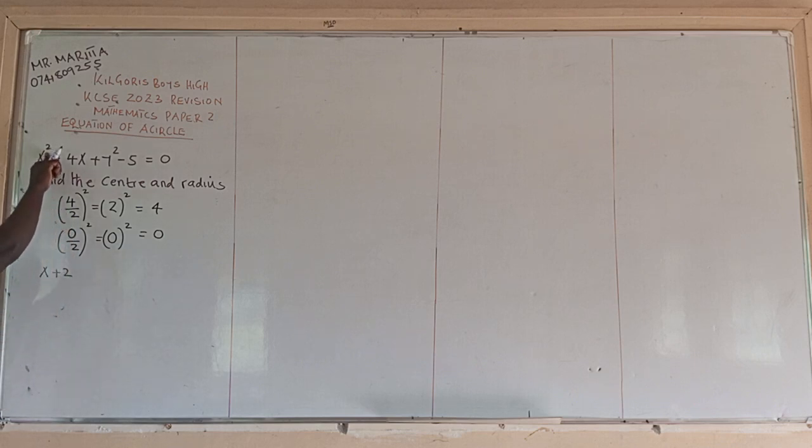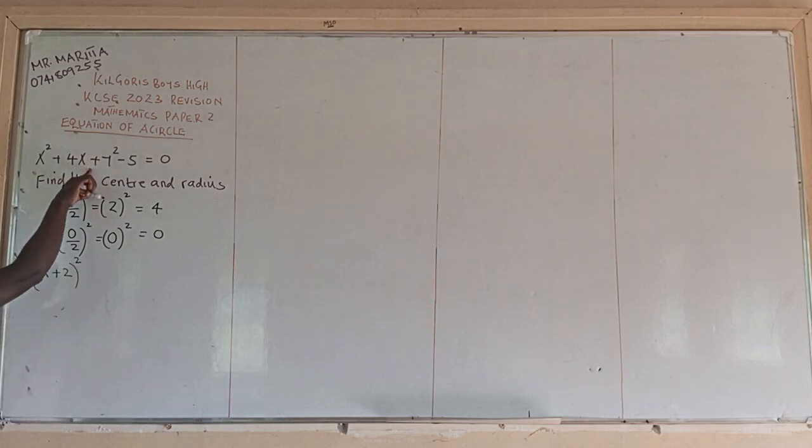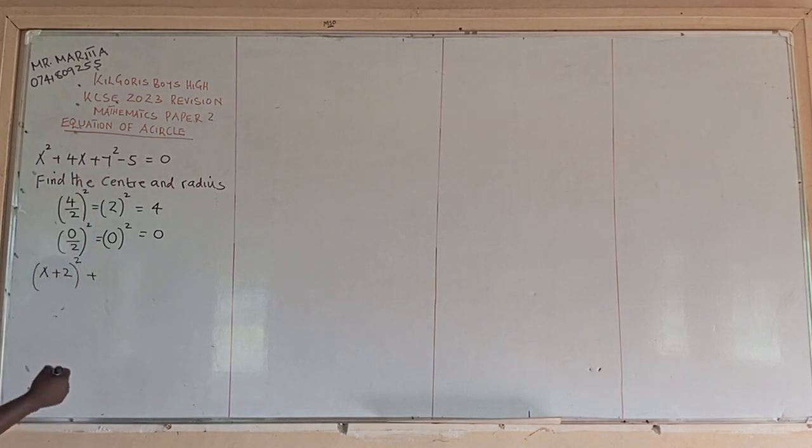This x is squared, this 2 is squared, so we have a common square. Then, completing the square on y, in y we don't have a y term, so in this case we have 0.